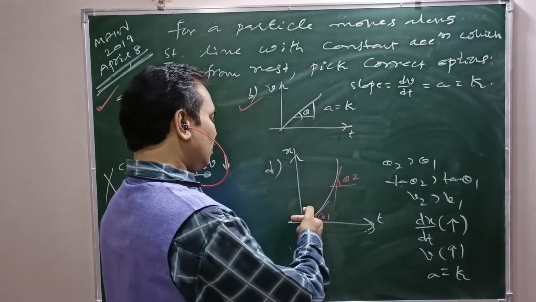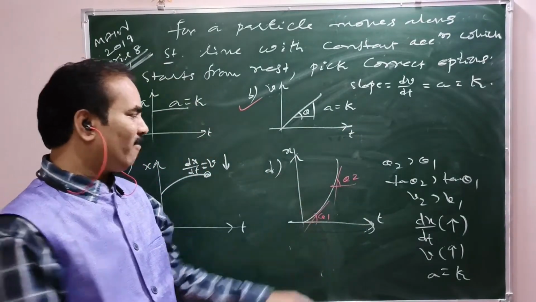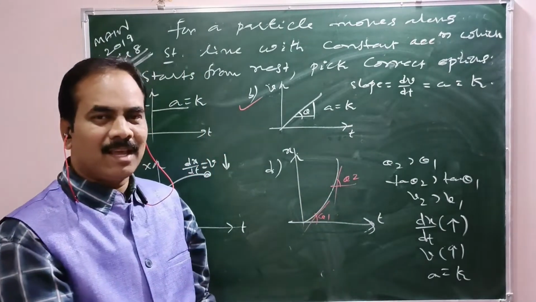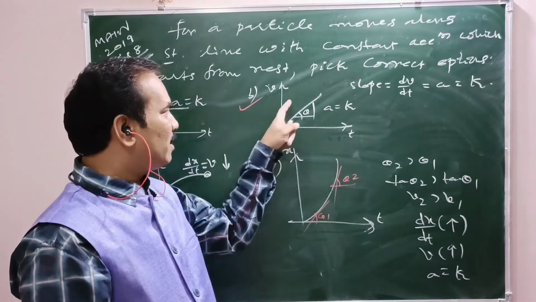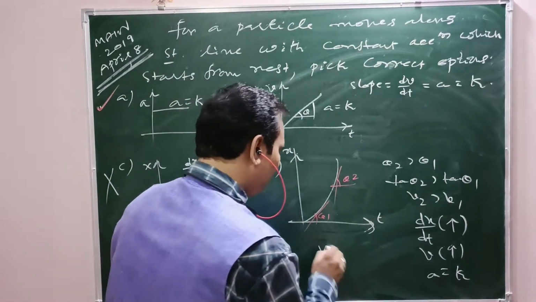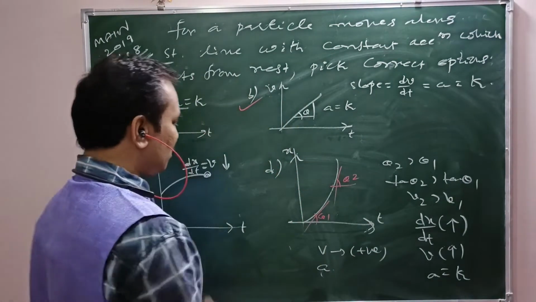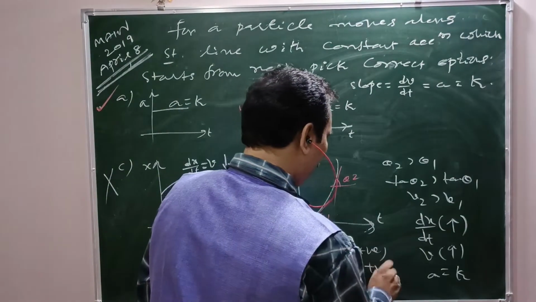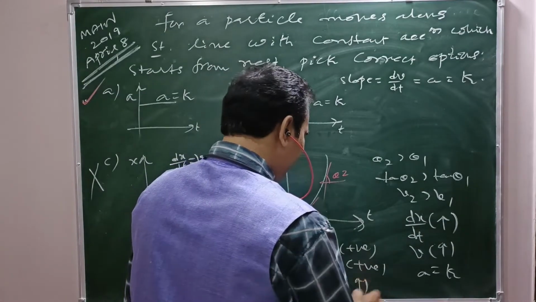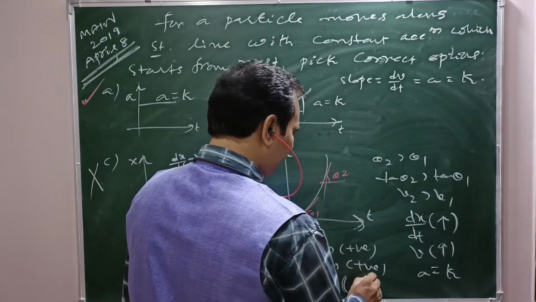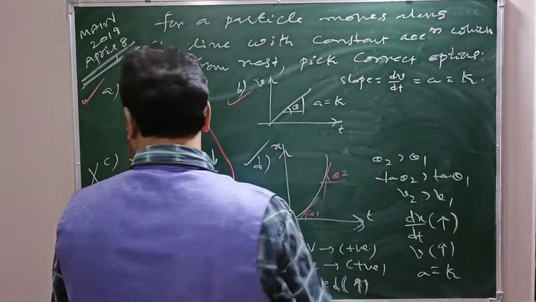Why? Because the graph is symmetrical, concave upwards. The position time graph is concave upwards. What is the inference? Acceleration is positive and speed increasing, because velocity is positive and acceleration is also positive, meaning speed is increasing. So option D is also correct.